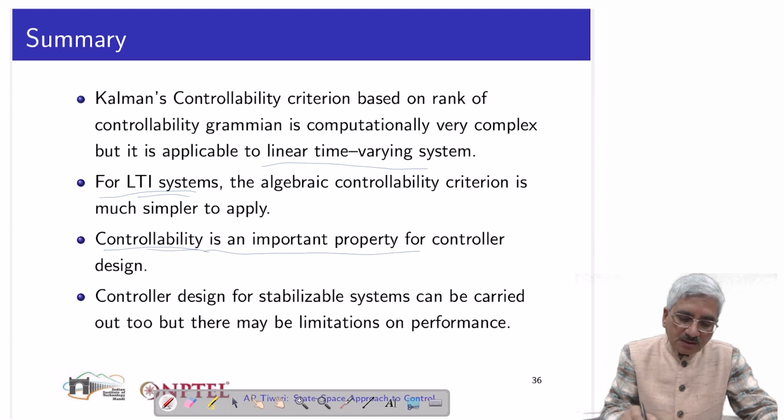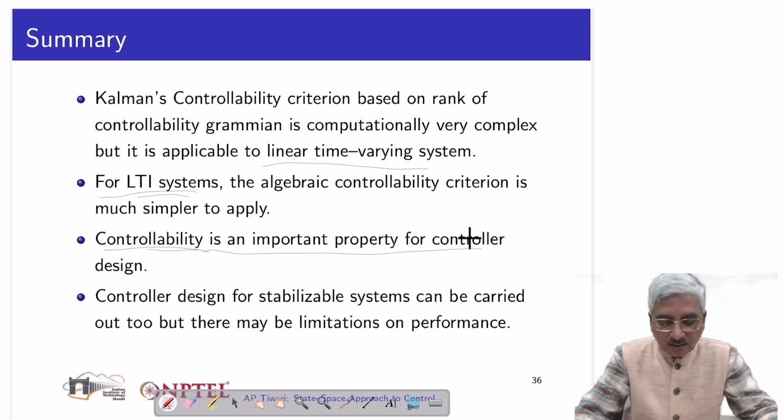Controllability, this is a repeat statement, is an important property for controller design. We have to always keep in mind that if the controllability property answer comes yes, the system is controllable, then a controller can be designed to achieve any given response.